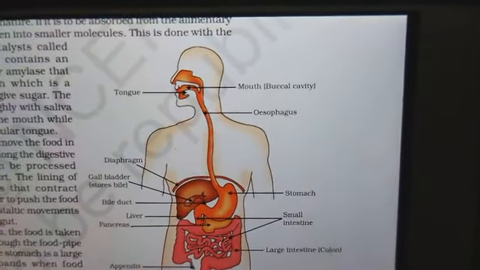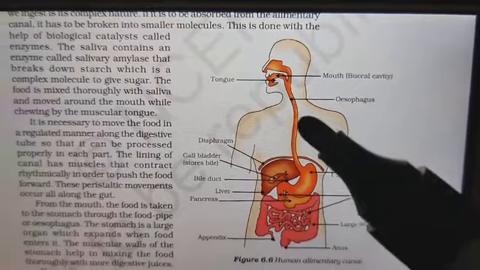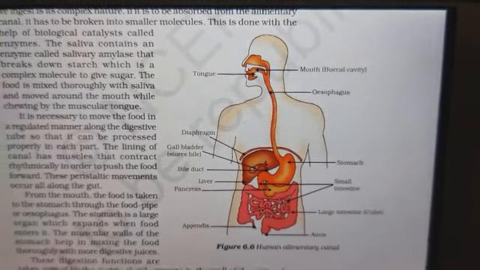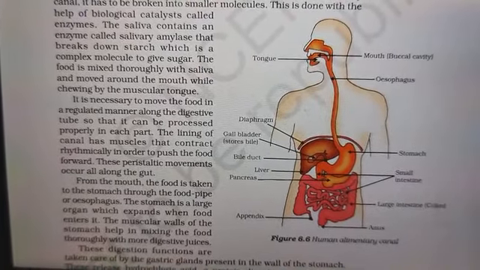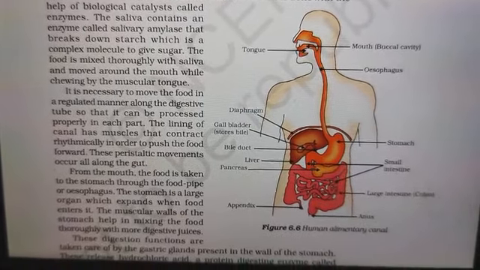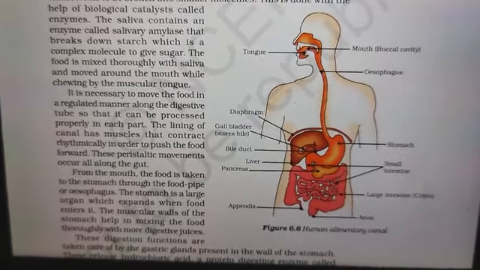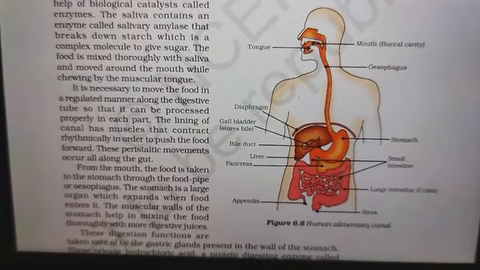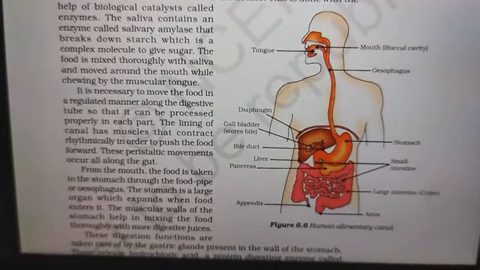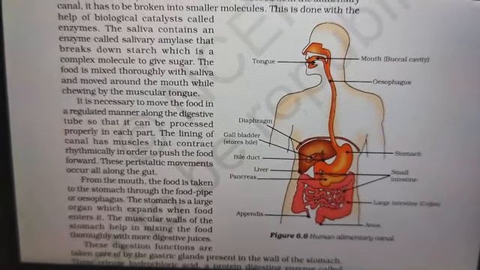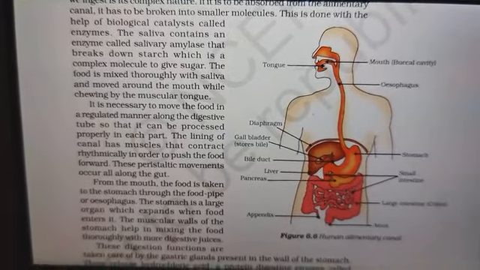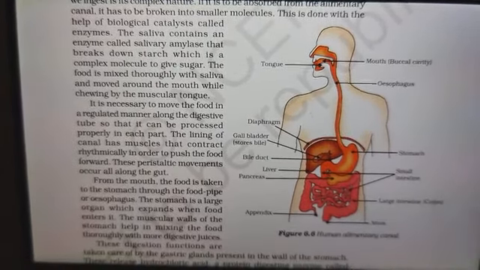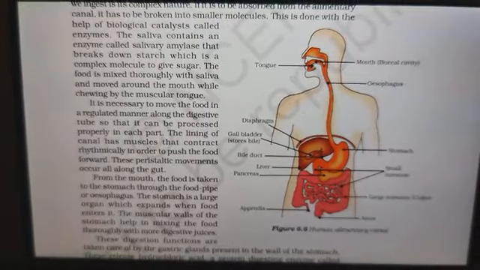If you carefully see this picture, this particular part is known as the mouth. The mouth leads to a big cavity-like structure called the buccal cavity or oral cavity. In the buccal cavity, a total of three parts are present: glands, tongue and teeth.